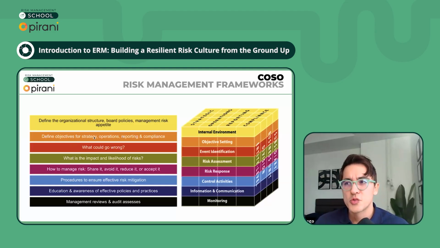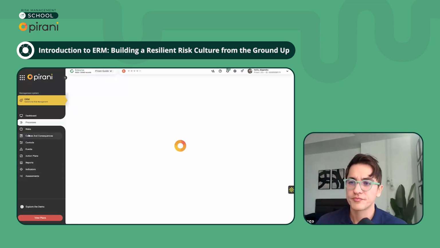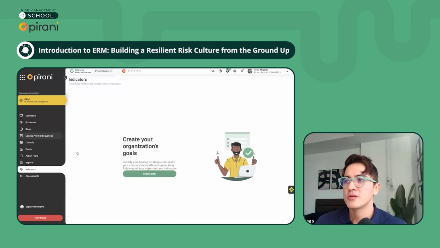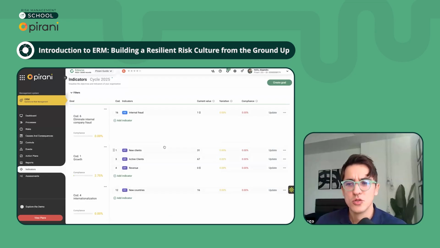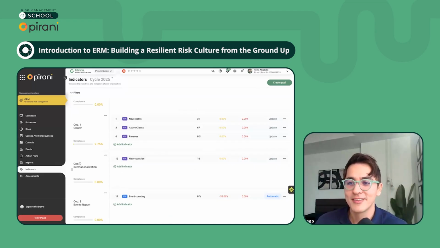So define objectives for strategy, operations, reporting, and compliance. That's why Pirani has the indicators module. Remember that we're talking about what you want to do, what the goals of the company are. If ERM is about getting the objectives done, you need to track those objectives in some way. In the enterprise plan, you can track that the goals of my company are, like, getting into a new market, growth, profitability, expansion, whatever you want to call it, or fraud to zero.